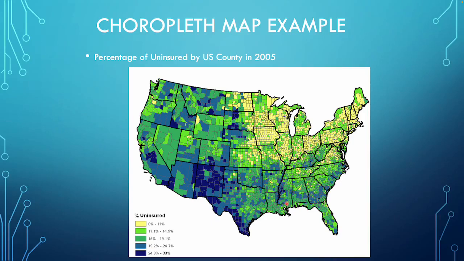In this particular case, it's showing the percent of uninsured people by county for the entirety of the continental U.S. And so these are from 2005. You can see some pretty significant differences across the country, right? The farther west you get and south, the higher the percent of the uninsured becomes.